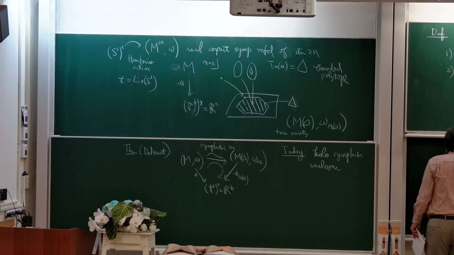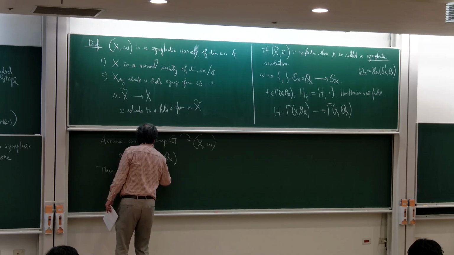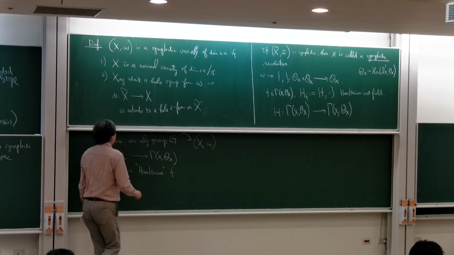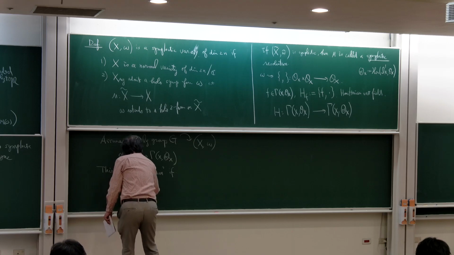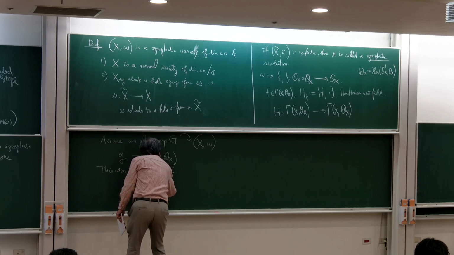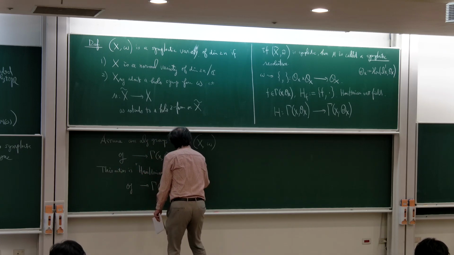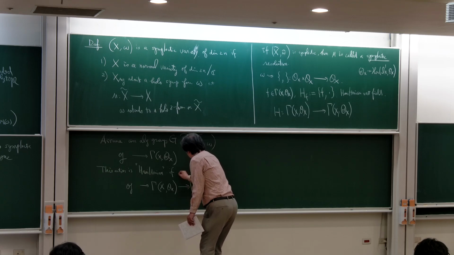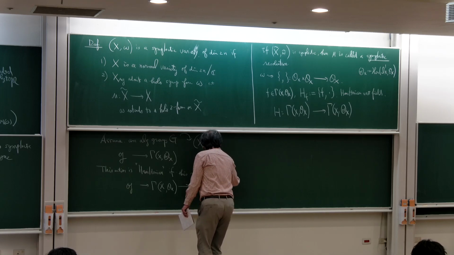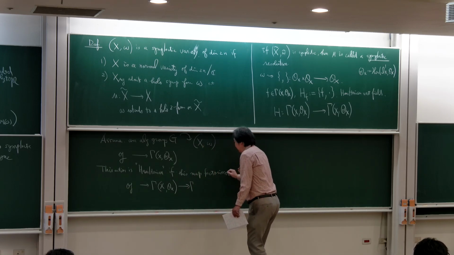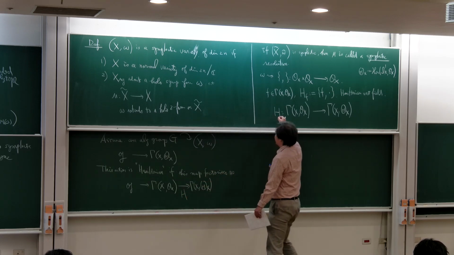And this action is called Hamiltonian if this map factorizes as follows. So this factorizes in this way. Here, this is a map H, just defined.